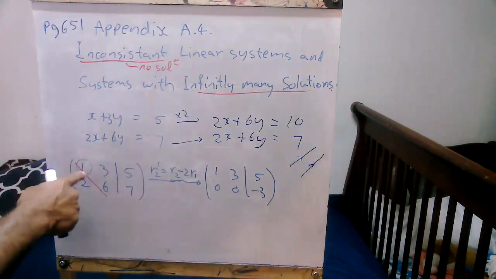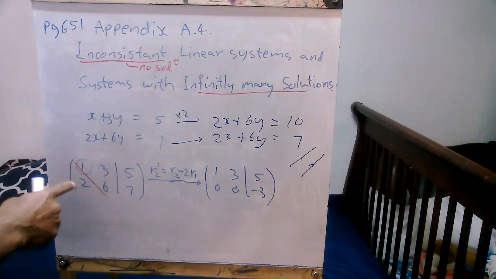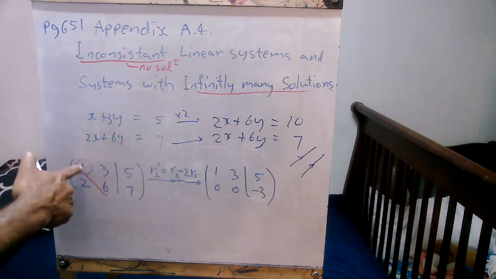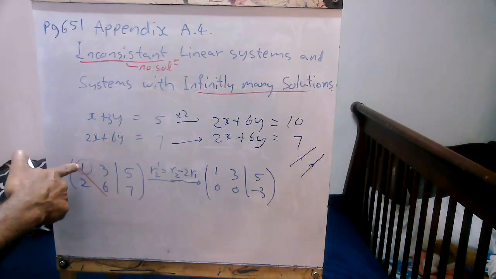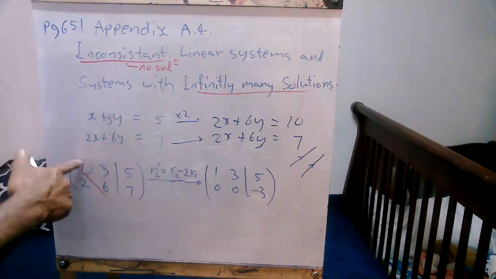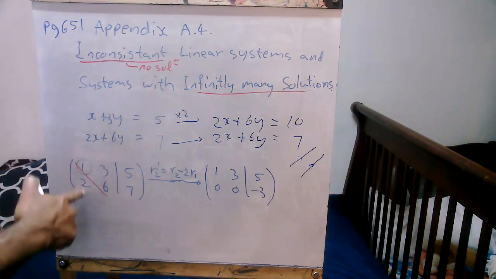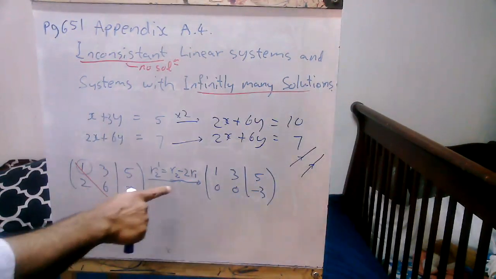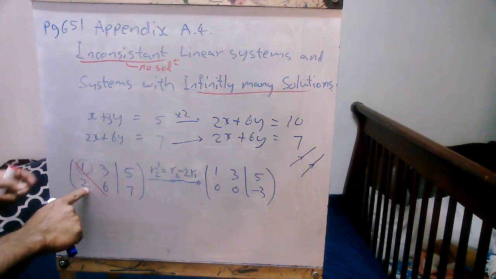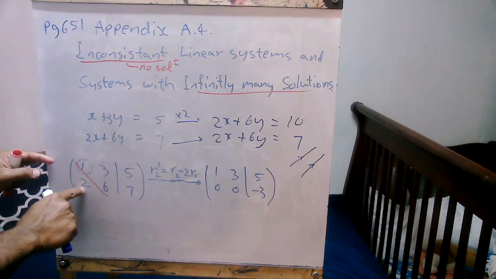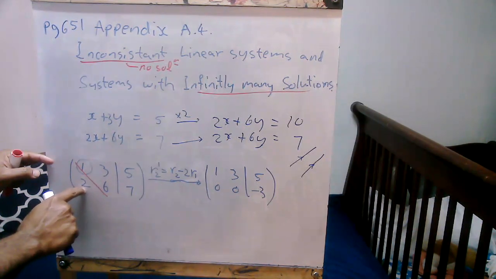Taking this as pivot, the next thing is to make the whole column including the pivot 0, not the pivot but everything else in that column we have to make 0. For that we can do this operation on row 2, this element. I told you, just focus on this pivot and the element that we want to make 0.